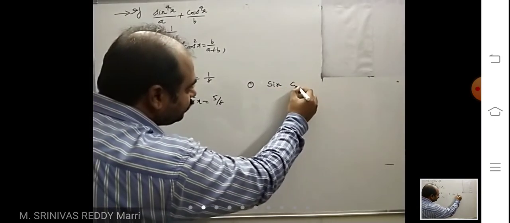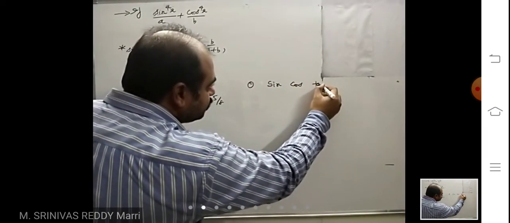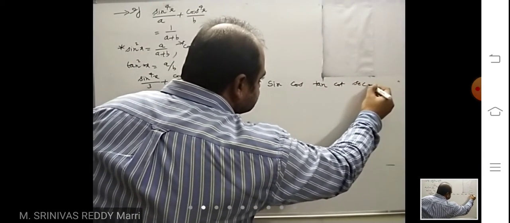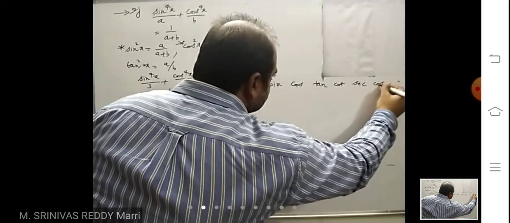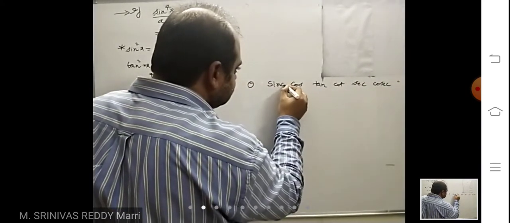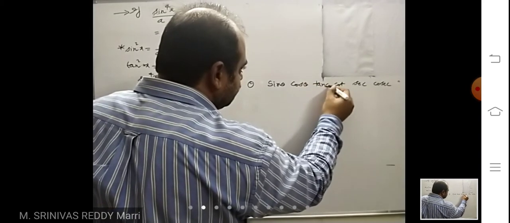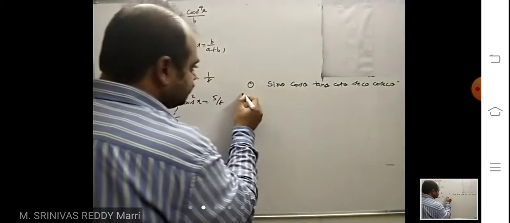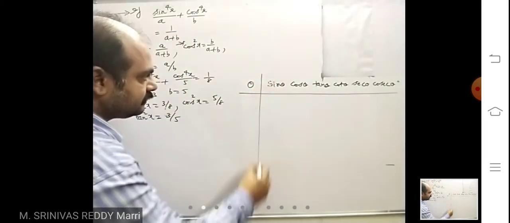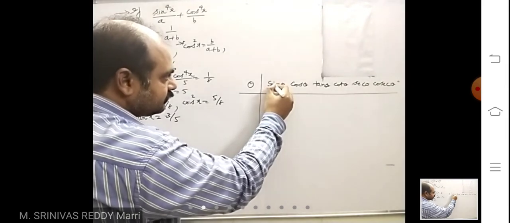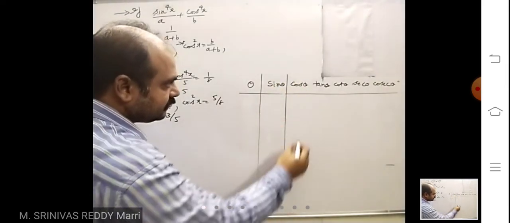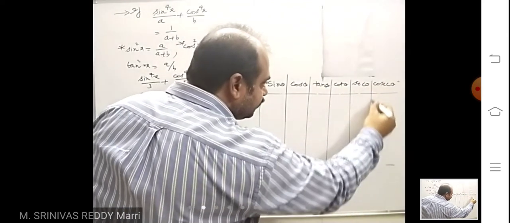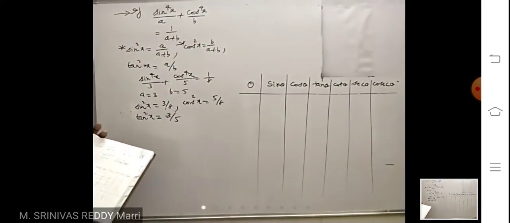So sine value, cosine value, tan value, cot, secant, sin theta, cos theta, tan theta, cot theta, secant theta, cosecant theta. We will list down, memorize. You may have known already. Once we will, before going to the next level.